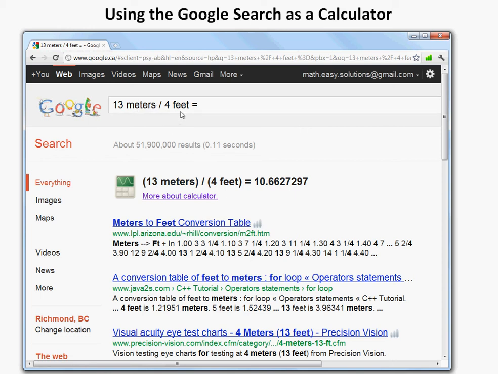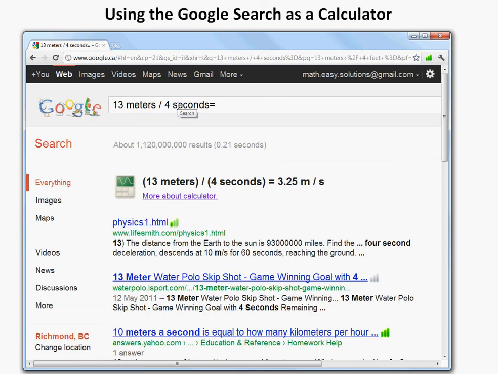So it would convert the feet to meters. Meters would stay meters because that's the default, and then they cancel. Or what you could also do is erase the feet and add seconds. I just added it exactly as I would say it, and now I get a velocity, which is just the speed of 3.25 meters per second. So as you can see, it's very smart.